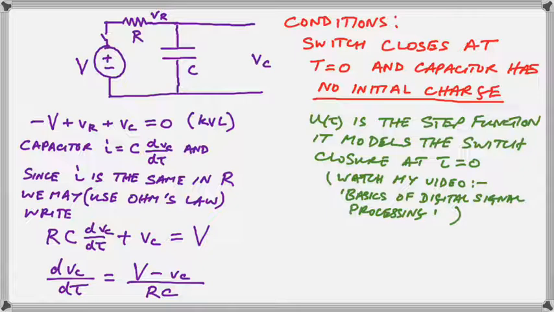Now, when we're developing the Laplace transformation, we have to consider the function u(t). The function u(t) is just a simple function that goes from 0 to 1 at exactly when t equals 0. And it successfully models a switch.